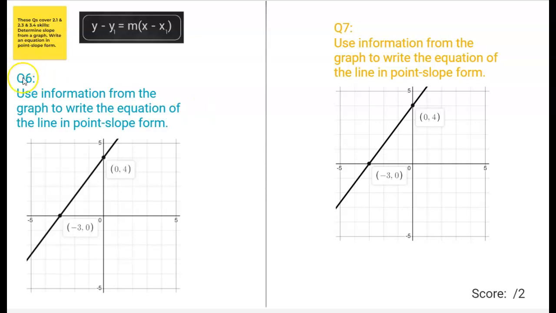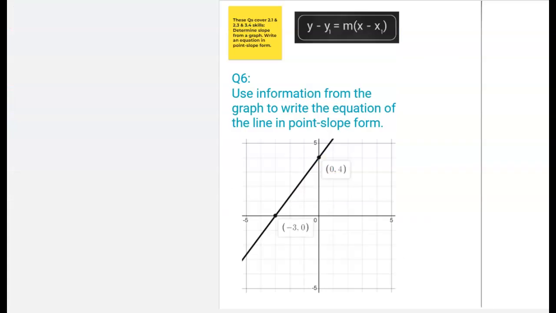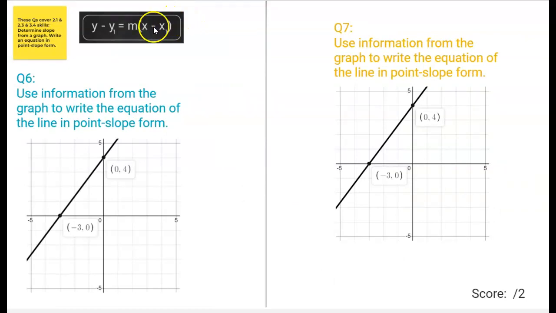On question 6 and question 7, you're going to be looking at these graphs and then writing the equation of the line in point-slope form. So in the previous question, you used slope-intercept form, and on this slide, you used point-slope form.